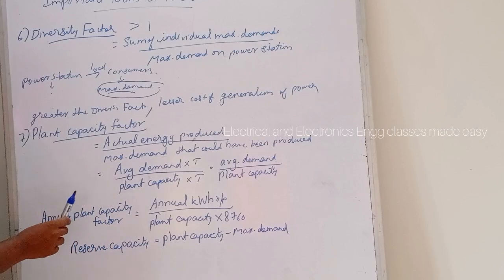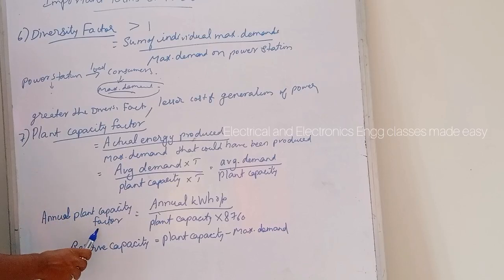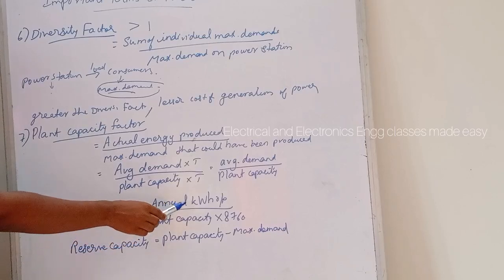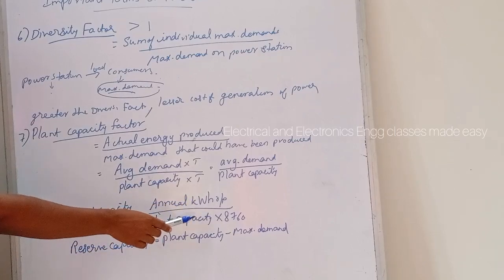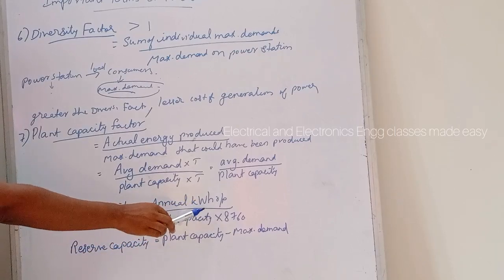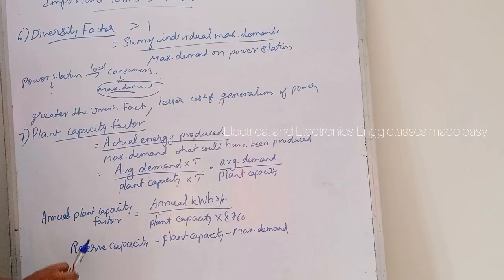And if the considered period is 1 year, then annual plant capacity factor is equal to annual kilowatt hour output divided by plant capacity into 8760. The plant capacity factor is an indication of reserve capacity of the plant.